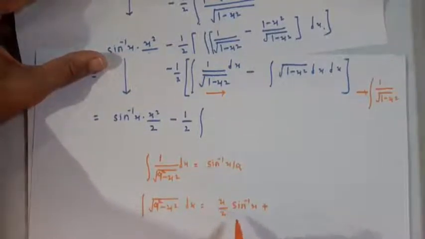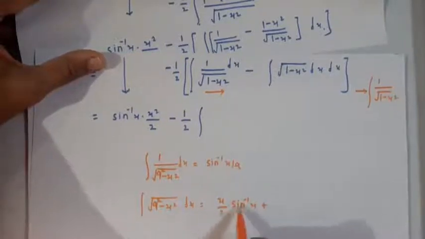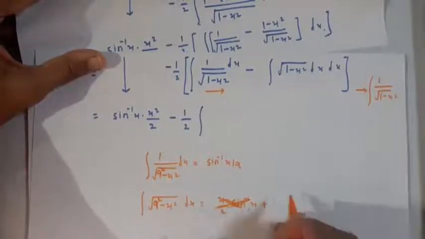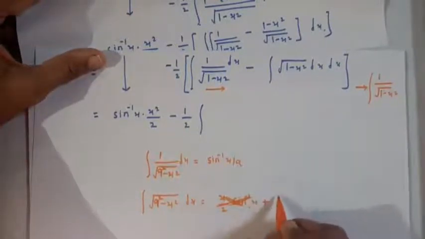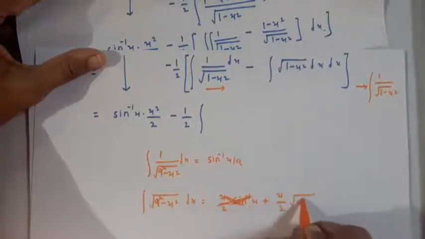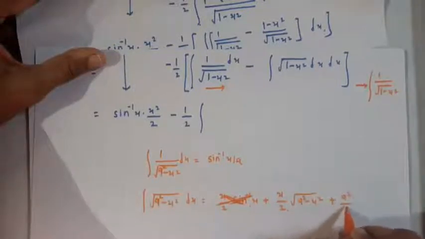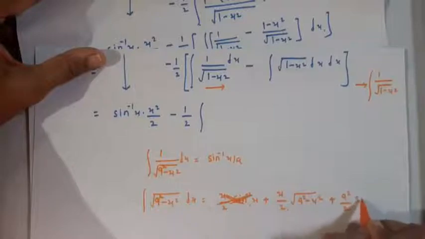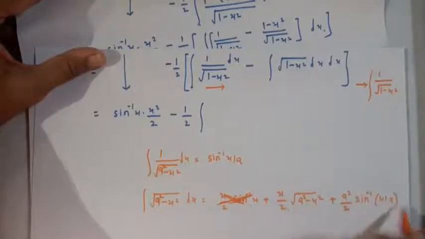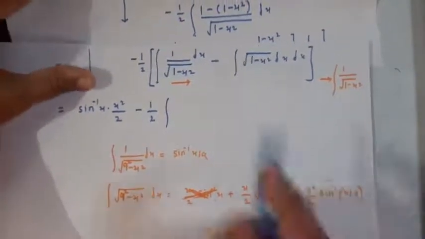The formula is x by 2 square root of a square minus x square plus a square by 2 into sine inverse of x by a. By using this formula we can write the integration here.